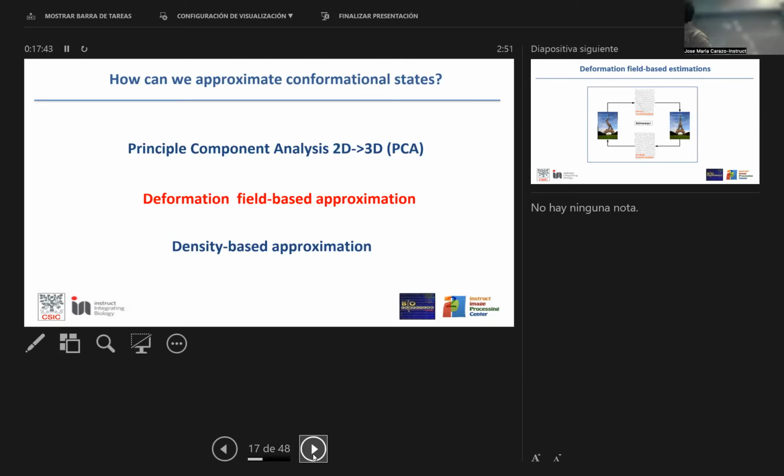I'm going to talk about two approaches: one, the deformation field approximation, and the other, the density-based approximation. Which is the difference? In the deformation field approximation, I'm going to start from the following modeling. My reality is that I have a macromolecule that has some flexibility. And I can characterize that flexibility by certain parameters.